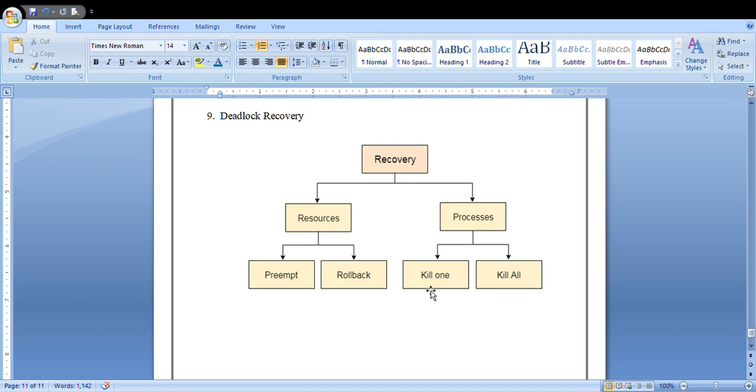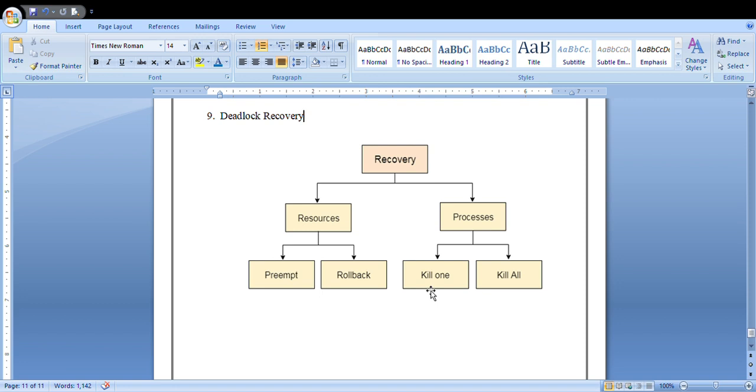If you want to kill any of the processes, it is the most difficult job in the deadlock recovery topic. In kill one process, you have to consider which process you need to terminate. You can term this as kill one or process termination.